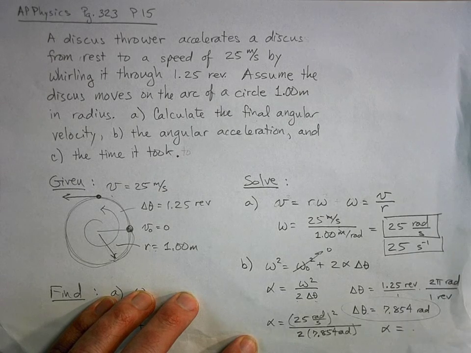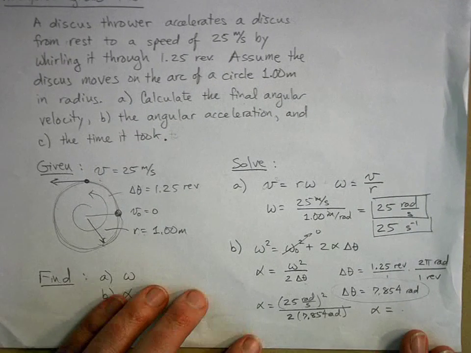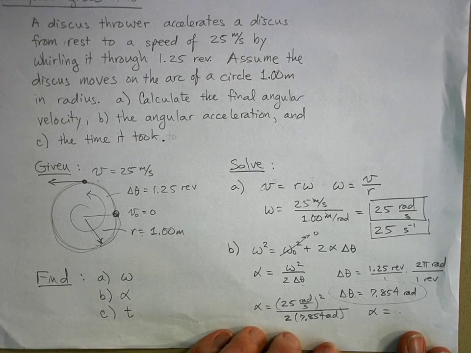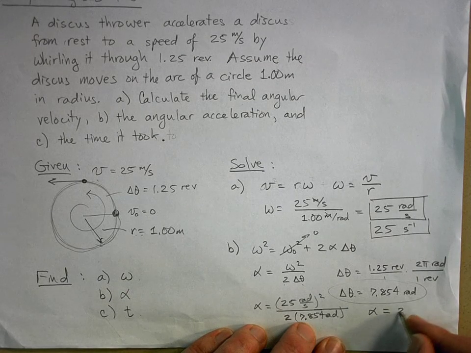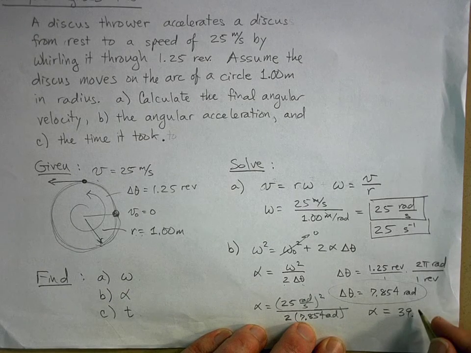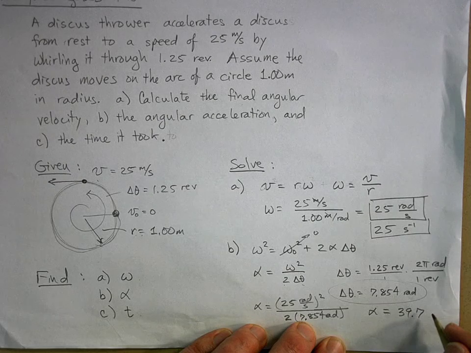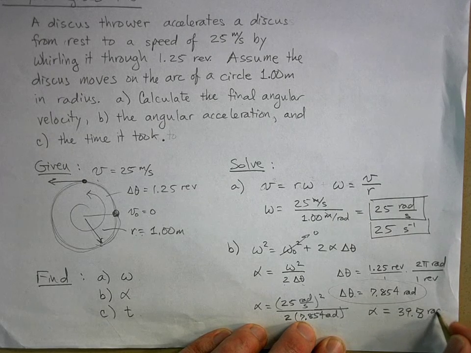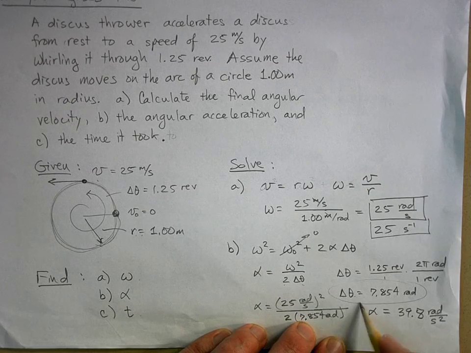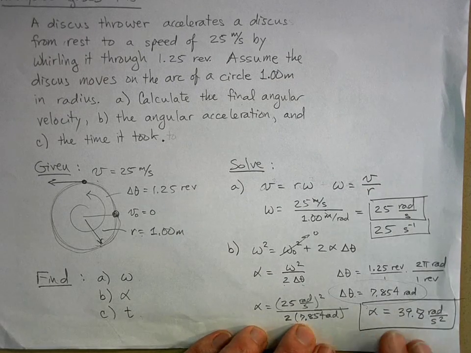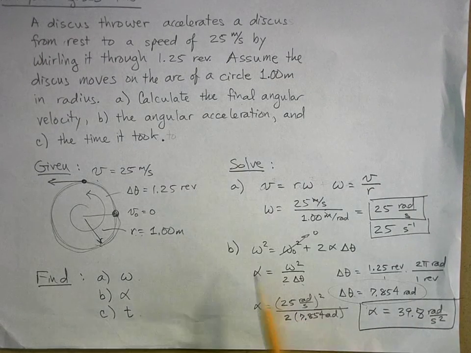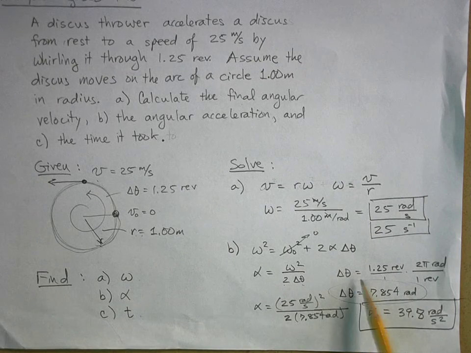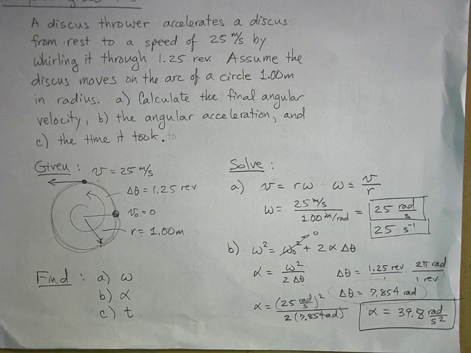And that will get you an alpha of 39.7 or 39.8 radians per second squared. So that's my answer for part B. You had to use the kinematic equation, and you had to change from revolutions to radians to get that.